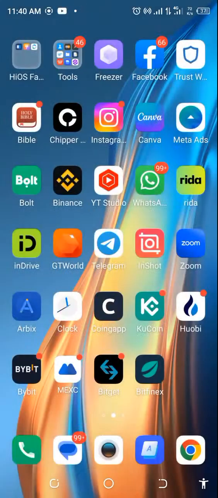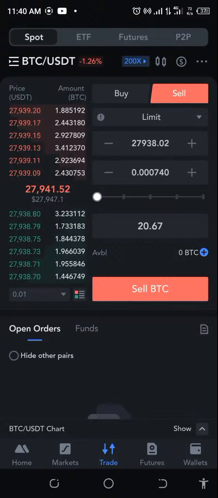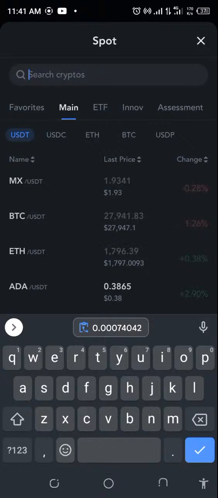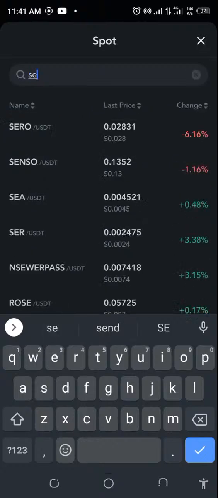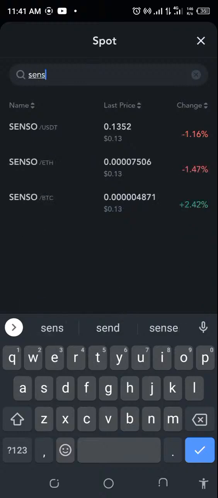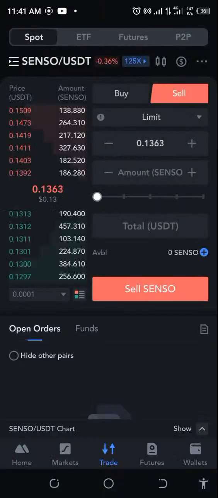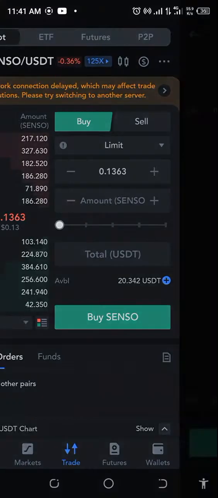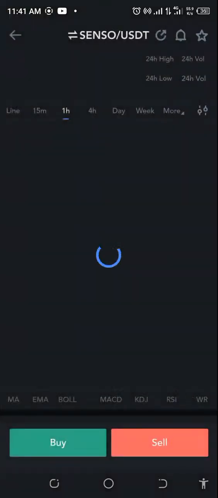Okay, so we're going to be looking at it, especially trying to make sure this still gives us good results. So let's go back to our Senso. Okay, USDT. Alrighty. And then we buy. Let's check the charts just to be on the safe side to see what's going on in the life of Senso.